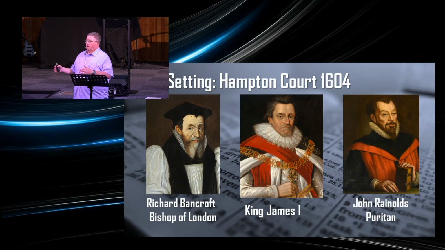When you have a state church, and the Church of England was the state church, the monarch is over the church. So the bishops, the priests, the elders and so on ultimately answer to the king.